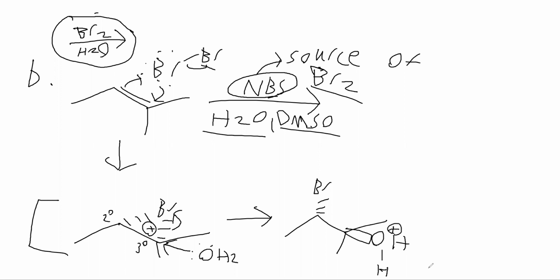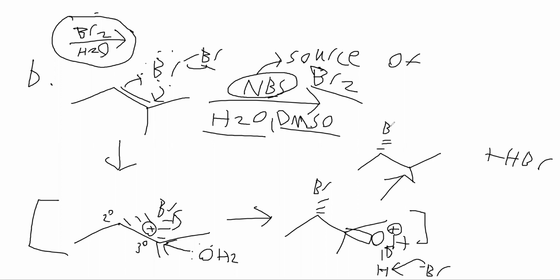Water is positive, but that bromide ion that formed before can take the hydrogen. So a side product, thank you, a side product is hydrobromic acid, and you get the Markovnikov product for the alcohol.